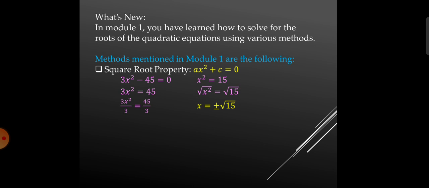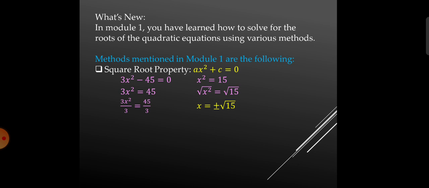So the first method we have learned is using square root property, wherein this property can only be used for incomplete quadratic equation in the form of ax squared plus c equal to 0, given first term ax squared and the third term c.